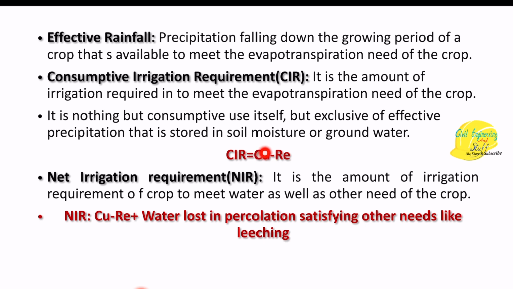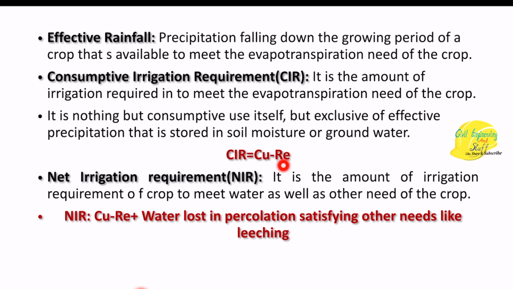The overall quantity was CU. Consumptive use of the crop is the quantity of water required to fulfill the evapotranspiration need. Part of this was fulfilled through effective rainfall, and the remaining part we have to supply through irrigation, and that is what we call the consumptive irrigation requirement. All right, so consumptive irrigation requirement is this extra quantity of water that we need to supply to fulfill the evapotranspiration need of the crop.